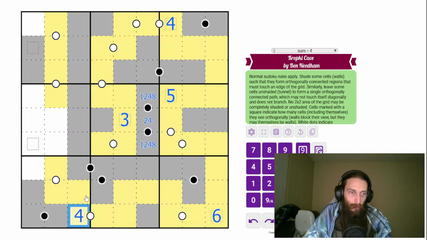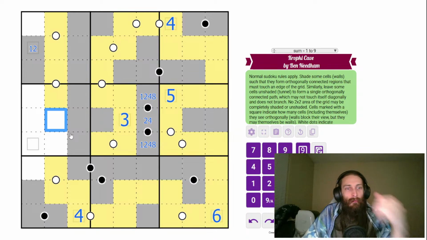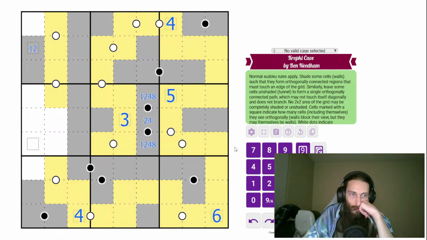It's not a 4. This one is 1 or 2, because it might start here. Well, it could be more than 2. Oh, no, because down is a wall. Right, I was thinking wall pieces. No, it's how many.